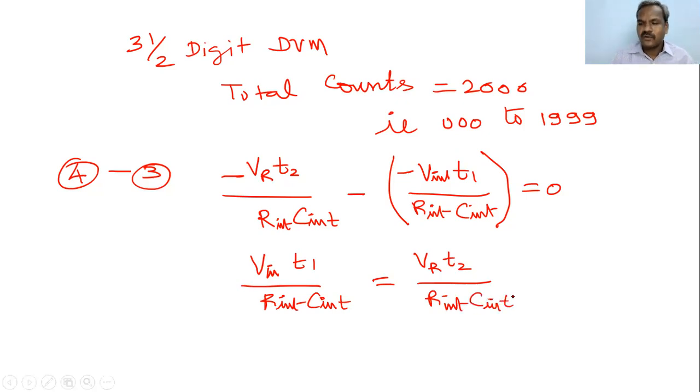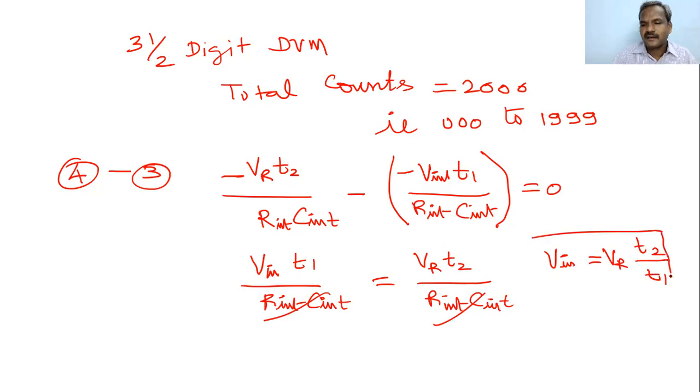Now we can cancel the denominators. So V in equal to VR times T2 by T1.